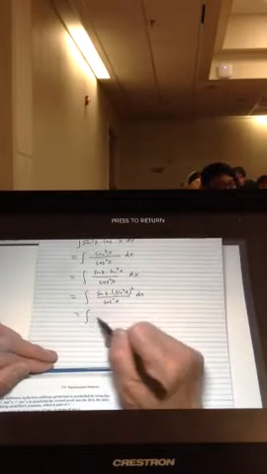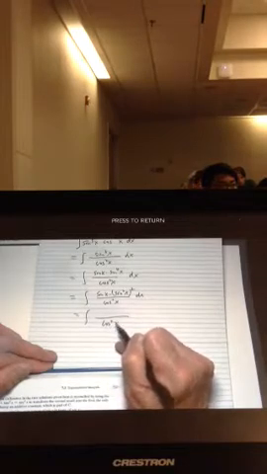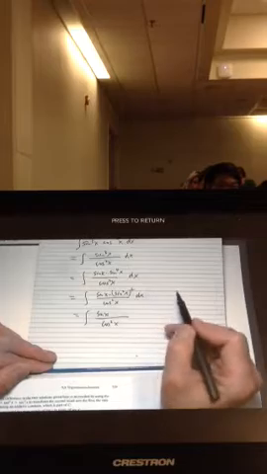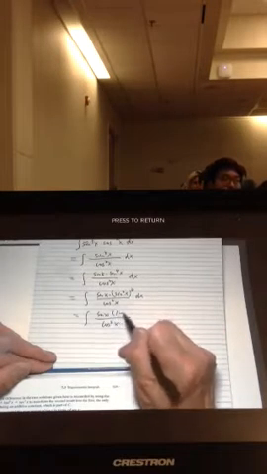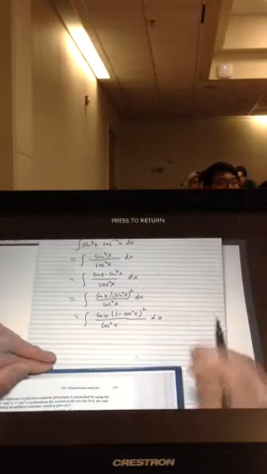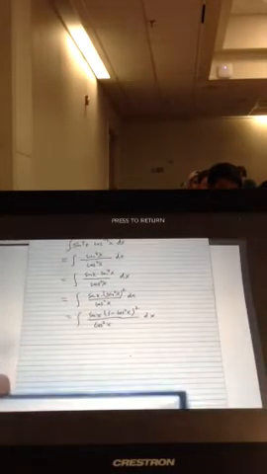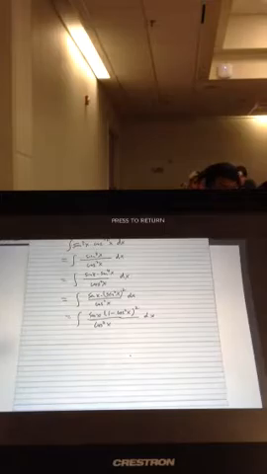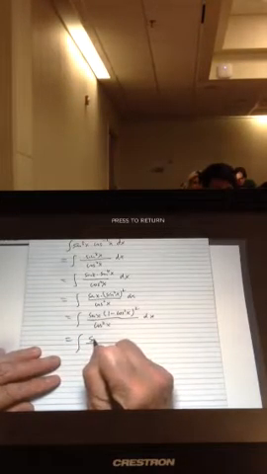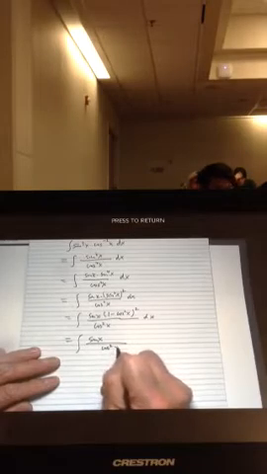You probably can guess what I'm going to do, because I remember the identity. Sine square plus cosine square is 1. So sine square is 1 minus cosine square. So if I work this out, it's integral sine x, cosine square x, right?